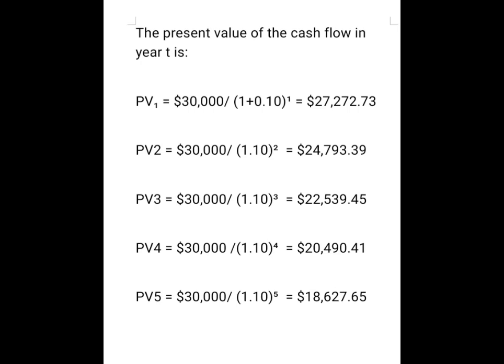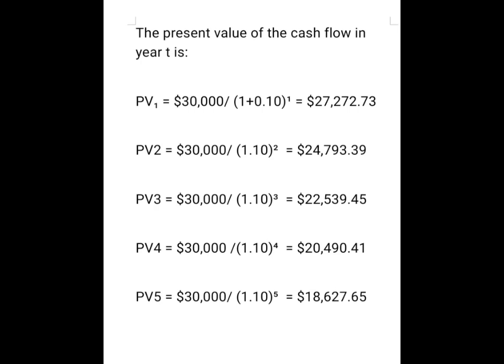Next is the present value of year 3. Same process, 30,000 divided by 1.10 raised to 3 equals 22,539.45 US dollars. Next is the present value of year 4.